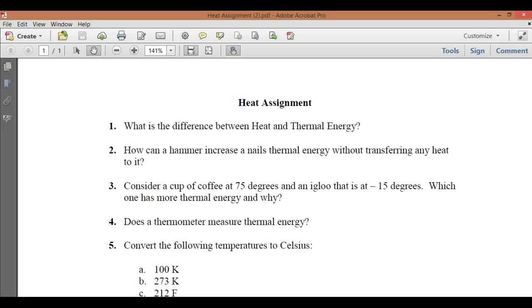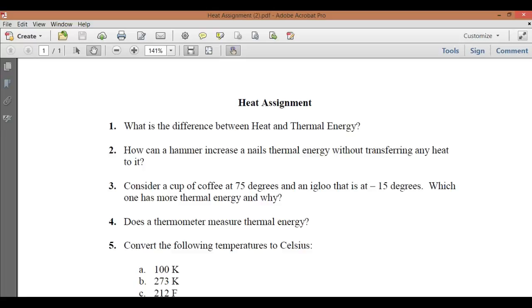So weight is a factor of gravity. The reason why we say that the metallic block that you're holding there feels heavier is because there's more particles from which the force of gravity is going to pull down on.